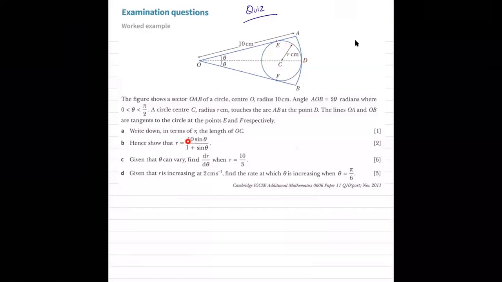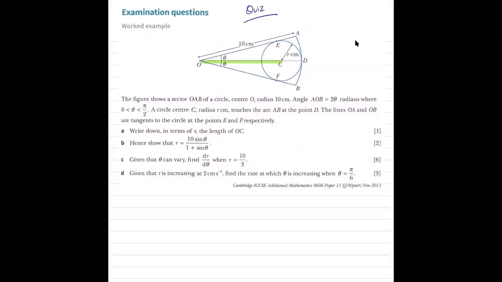Write down in terms of r the length of OC. OAB is a sector which is a part of a circle having a center O, and there is another circle that has a center C. That means I can consider OA length to be the radius of the sector OAB, and as we know the radius is the same throughout.